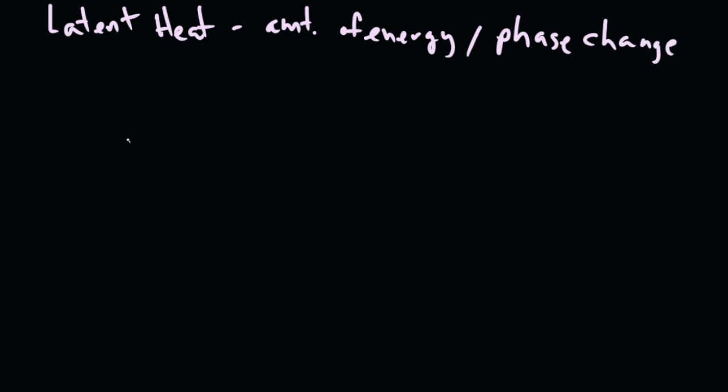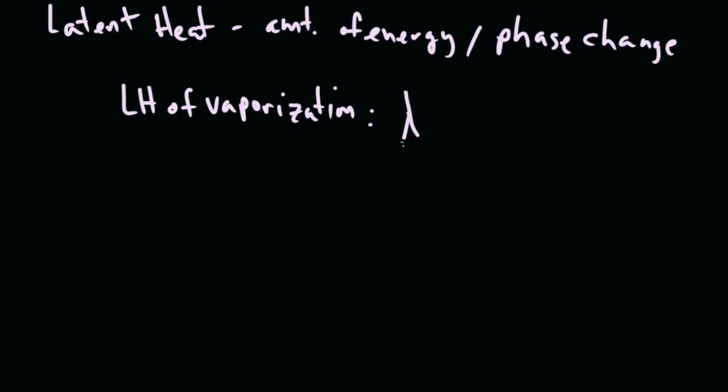If we are talking about latent heat of vaporization, it is the amount of heat associated with vaporizing a liquid. A common symbol for that is lambda with a subscript v. We don't really use that in our tables.